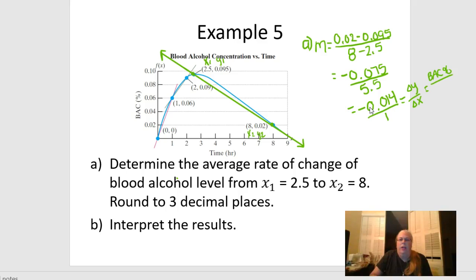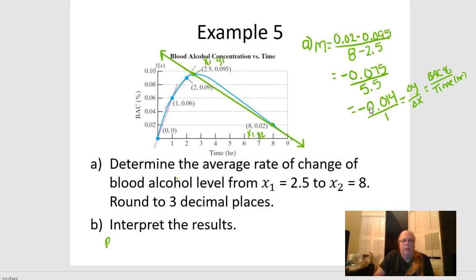And then the units down here on X, this is the time in hours. Okay, so something's happening every 1 hour because we have 1 in the denominator here. Okay, and what's happening has to do with the blood alcohol content. So our blood alcohol content is decreasing because the slope is negative.